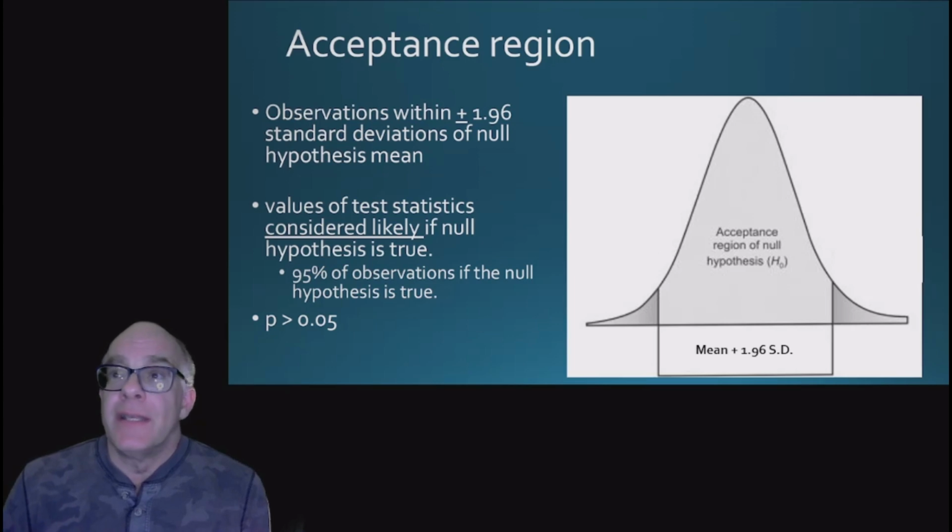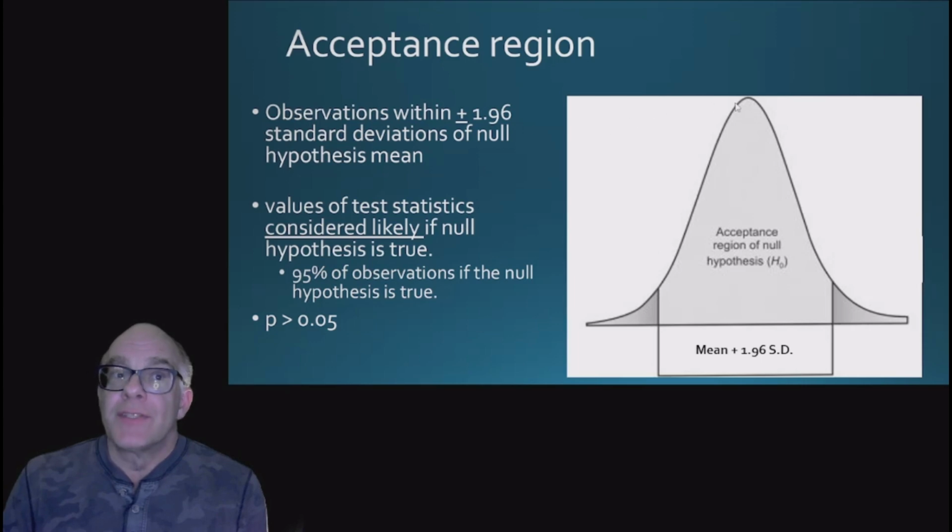And so basically this acceptance region is going to be taking a look at our mean based on our hypothesis generated expected results, and we're going to be going plus and minus 1.96 standard deviations of that null mean. Now, the 1.96 standard deviations basically means that we're going to be looking at 95% of the observations that could be occurring in relationship to this mean.